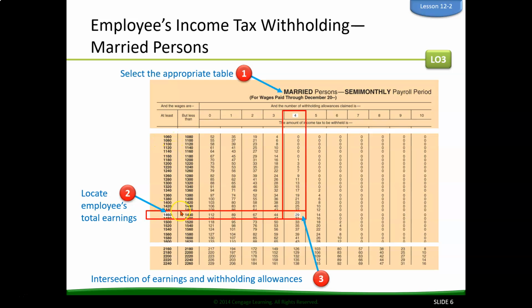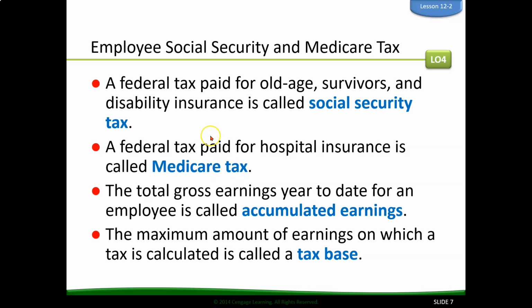And then you slide over to the number of allowances. You look at their gross total earnings, and then you slide over to the number of allowances that's recorded on their W-4. And that $29 would be the amount of the federal income tax that is withheld. Remember, the taxes that are withheld are a liability until they are paid.